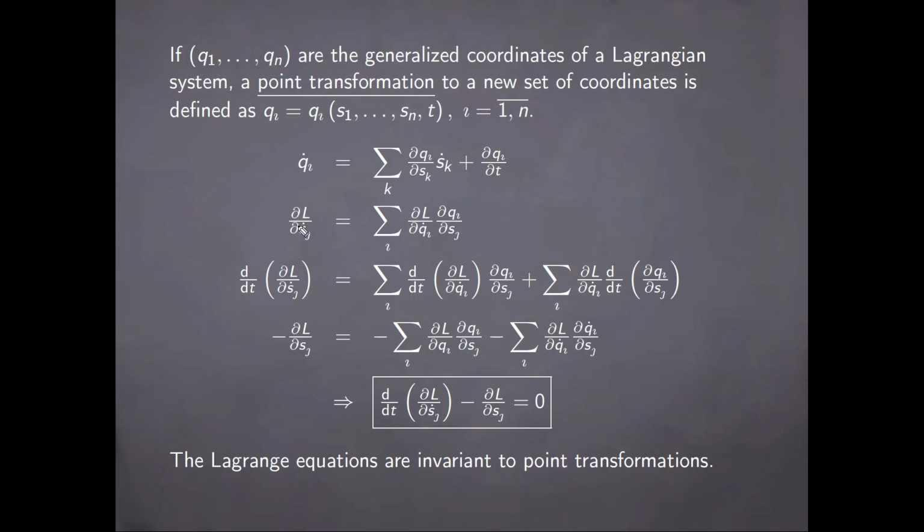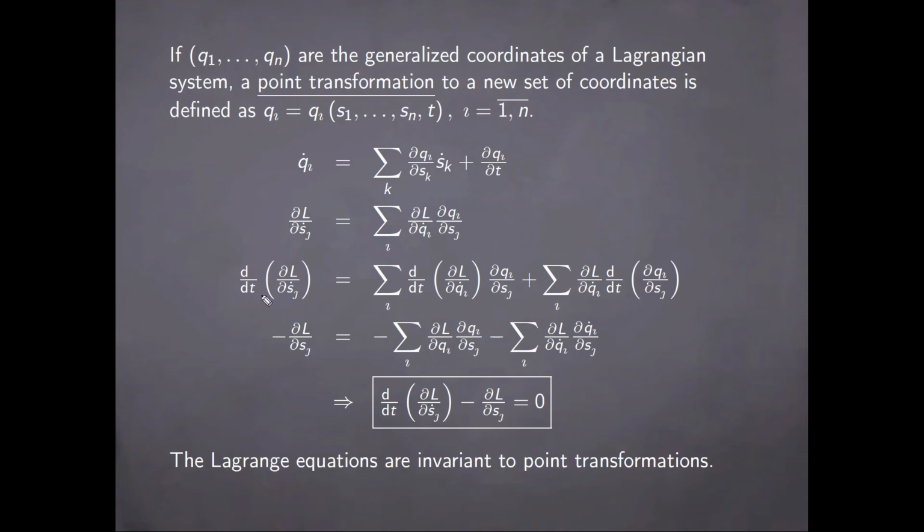And then the partial derivative of L with respect to a generalized velocity in the s coordinates follows through the dependence of L on the generalized velocities, and we can see that when applying this into the definition here, we get a contraction. So all that is left is a factor of this form.